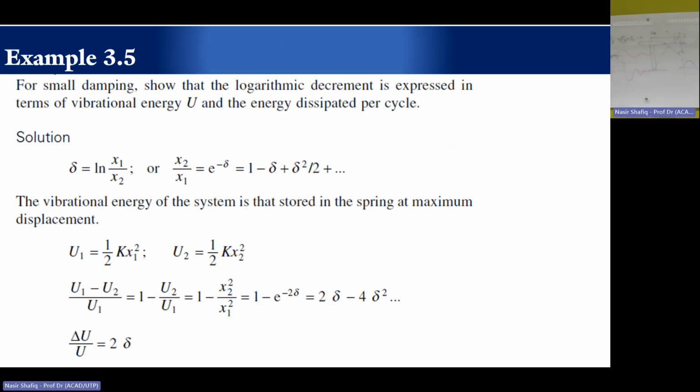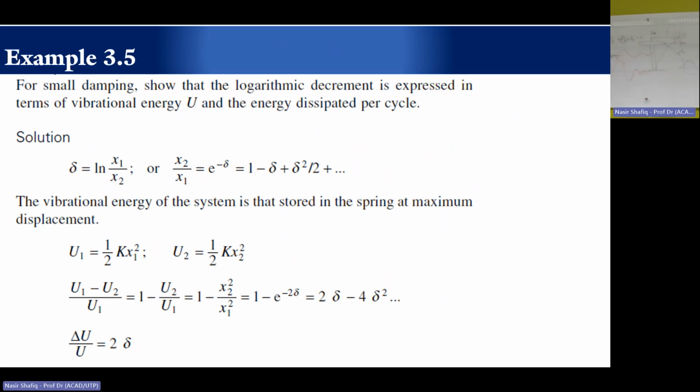We have the natural log of x1 upon x2 for 2 consecutive amplitudes, so x2 upon x1 is equal to e to the power minus delta, which becomes a series: 1 minus delta plus delta square upon 2 plus delta cube upon 3 and so on.